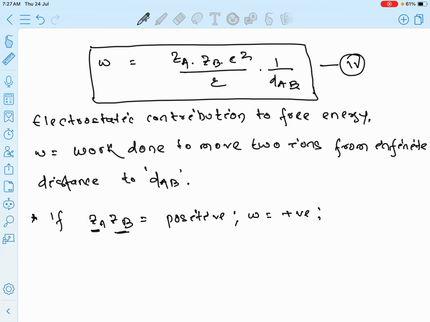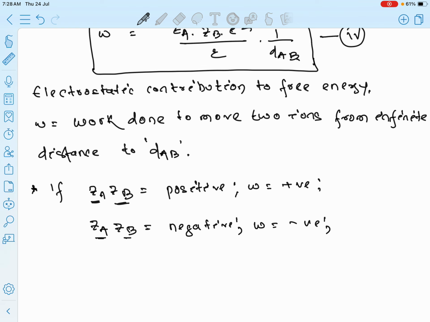But if one term is positive and the other is negative, then obviously the product will give a negative value, and therefore the nature of w will be negative. That means, what do you mean by this?